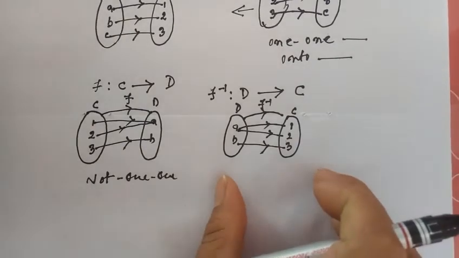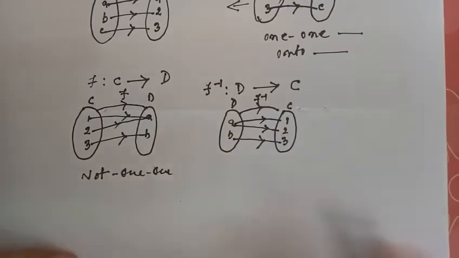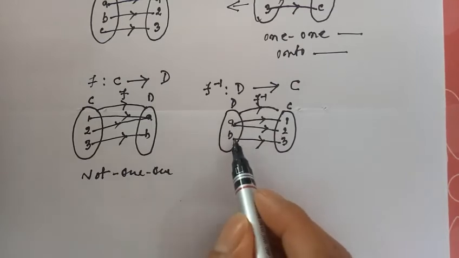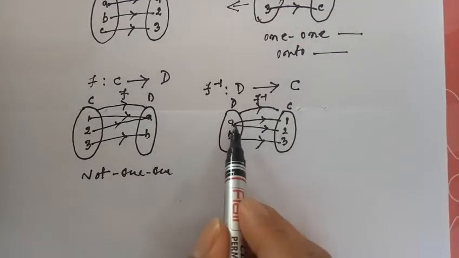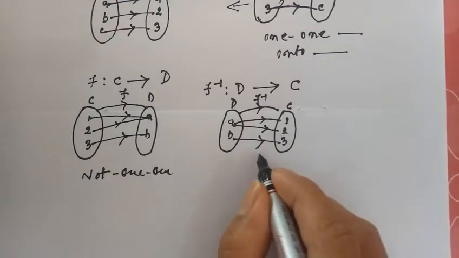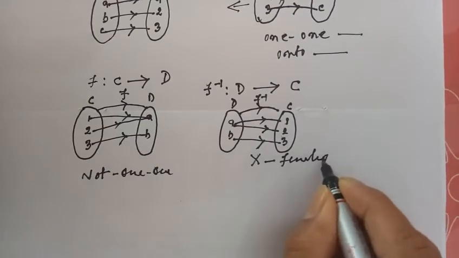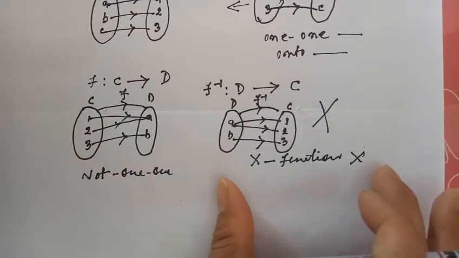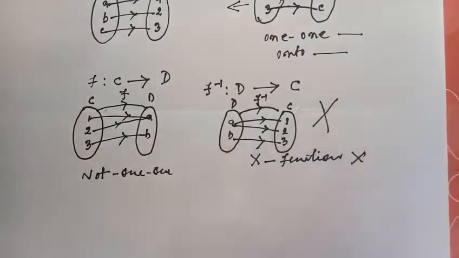For a function, every element has a unique image, but this is not a function because a has two images here, not unique. So this is not considered a function, and the inverse is not possible.